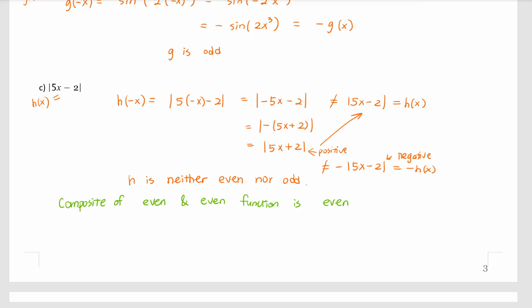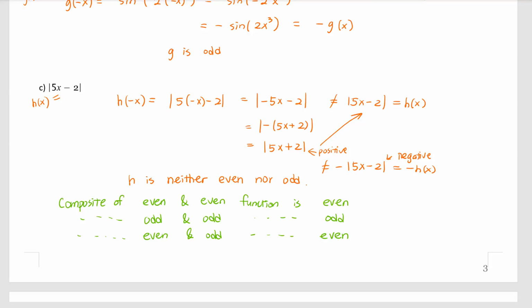The composite of odd and odd function is actually odd. The composite of even and odd function is actually even.